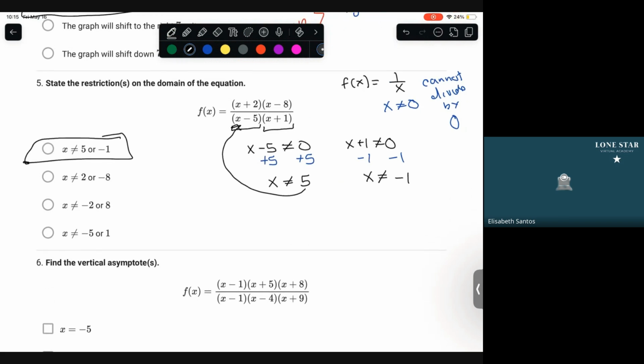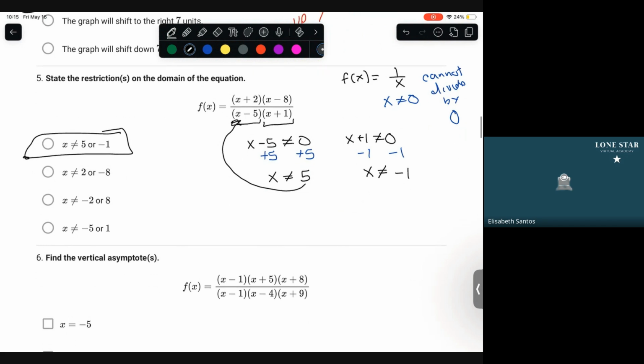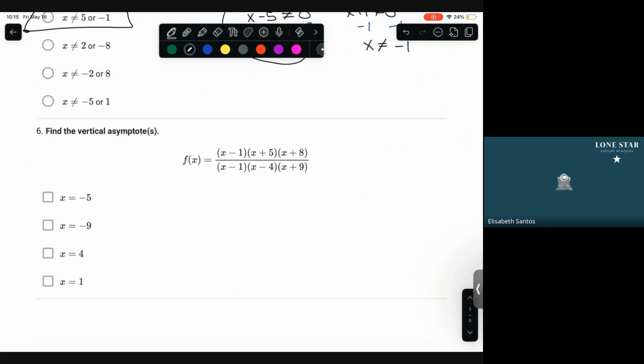Okay, so number 6. We want to find the vertical asymptotes. And to do that, first we're going to simplify. So we notice that these are the same, so they go away, and then we're left with this part of the equation.